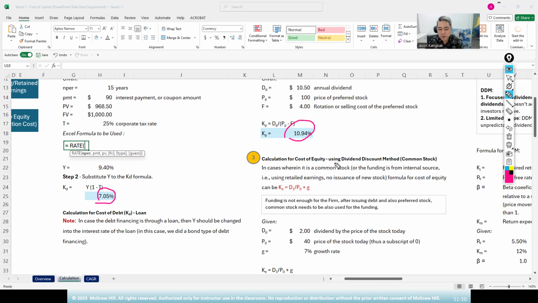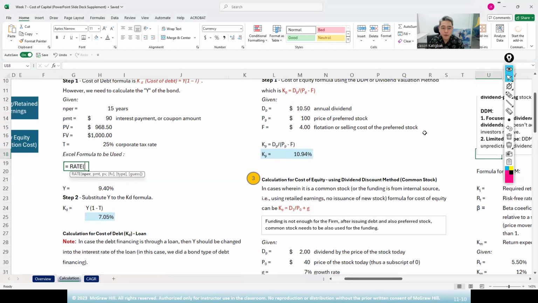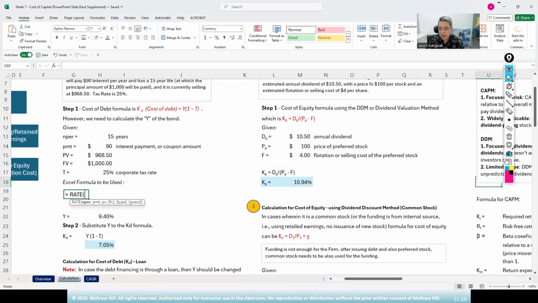And then we would be using the dividend discount model on the common stock. So it's the same formula when you think about it. It's just that it does not include flotation cost. Why? Because you're not issuing new stock, so there's no flotation cost.